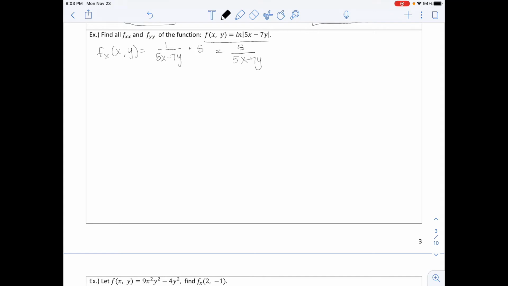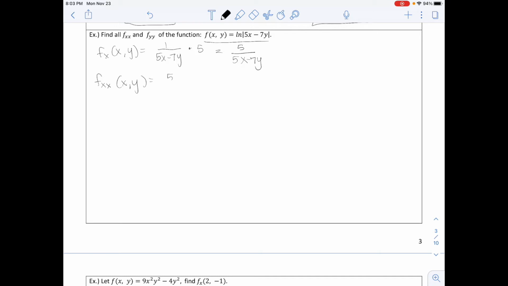So from here, we are able to find f sub xx, which is going to be taking the derivative of this with respect to x again, and you'll notice we have to use the quotient rule.